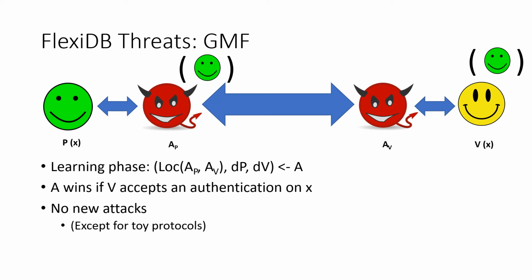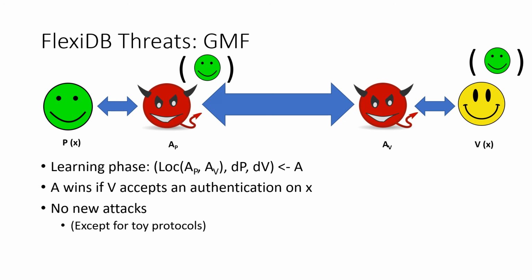Then the challenger checks that everything is in order, and the adversary wins if he can make V accept the authentication of a prover for which the adversary does not have the key, and such that the prover is far away.